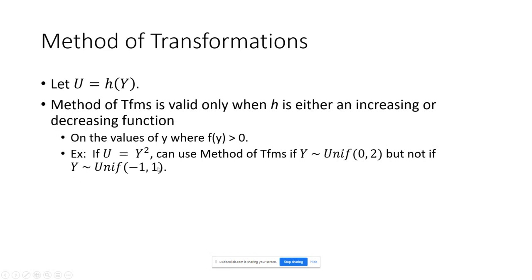But if Y was uniform on -1 to 1, then on that interval, Y squared is both decreasing and increasing. So we couldn't use the method of transformations in that case. We would have to use the method of distribution functions that we talked about last week.